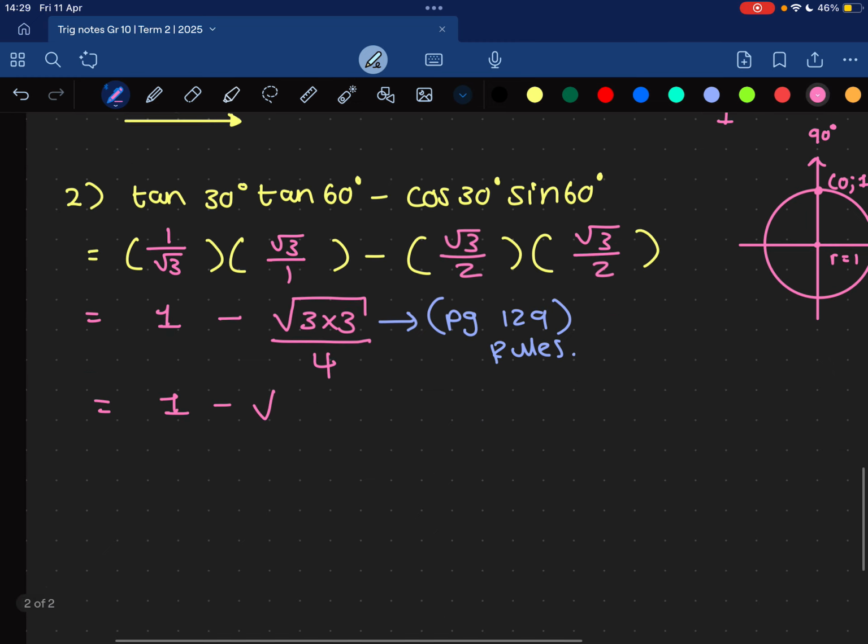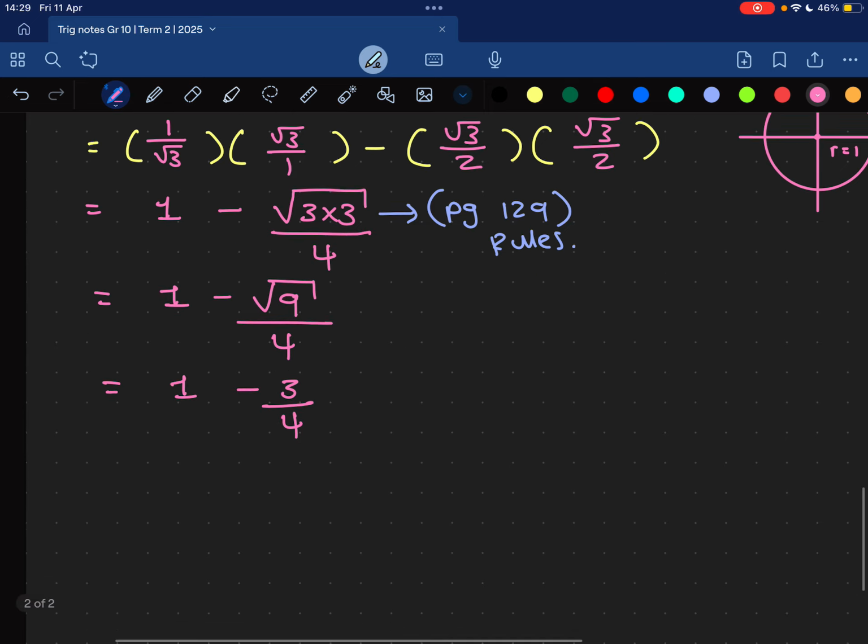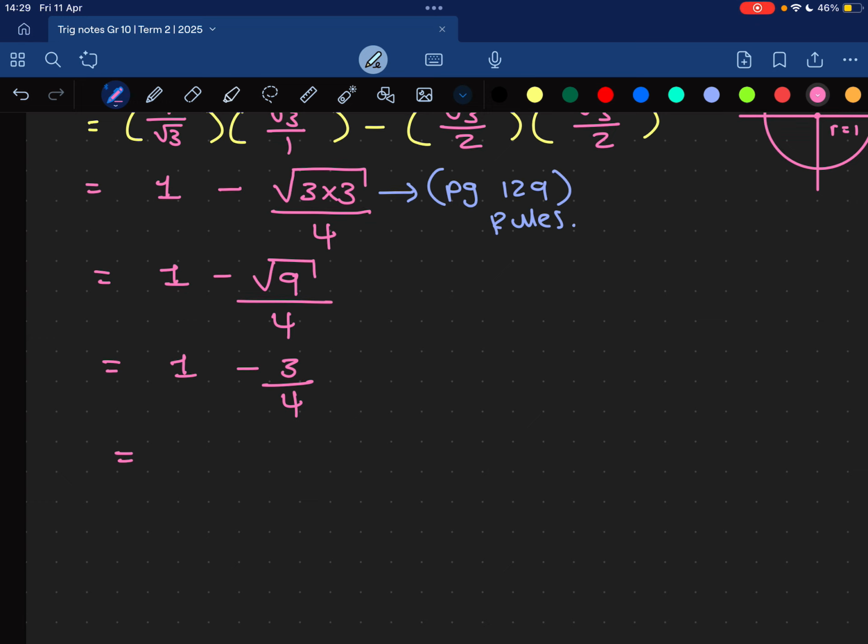Okay, so we have the root of 9 over 4, which is 1 minus 3 over 4, which is equal to 4 over 4 minus 3 over 4. Okay, we find an LCD, which is 4. So it's 1 over 4.